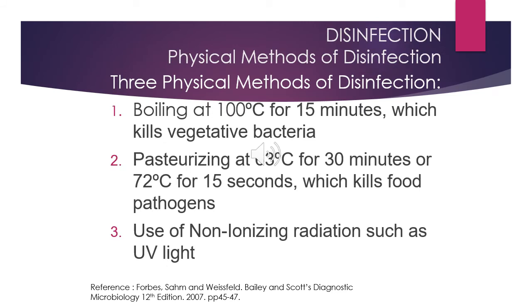Let's now go to physical methods of disinfection. You have three more common physical methods for disinfection. One is boiling at 100 degrees Celsius for 15 minutes, and this kills vegetative bacteria. Another is pasteurizing for 30 minutes at 63 degrees Celsius, and this temperature and contact time kills food pathogens.